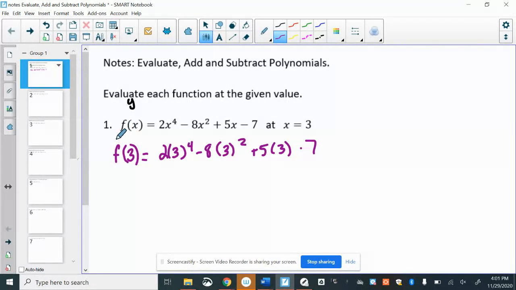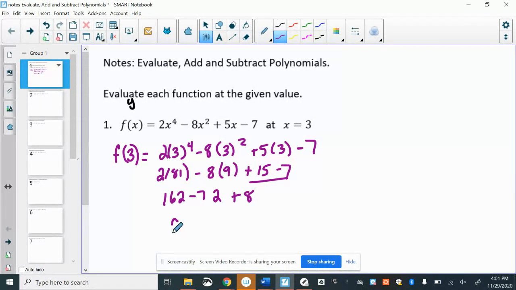This gets us 2 times 81, and you may use a calculator for this, minus 8 times 9, since 3 squared is 9, plus 15 minus 7. That gets us 162 minus 72, plus 15 minus 7, combining these, and we wind up with f of 3 is equal to 98.